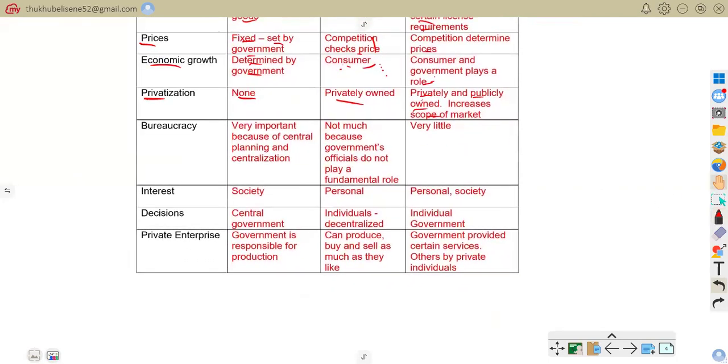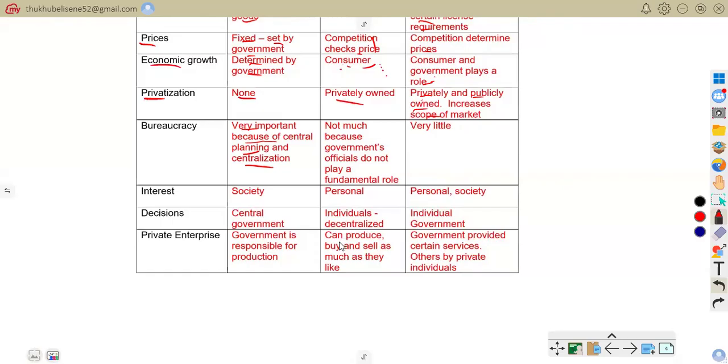So now we're coming to bureaucracy. Under bureaucracy, as it says, a blend, very important because of central planning as well as centralization. Wherever we are saying high, we're talking about many government officials.